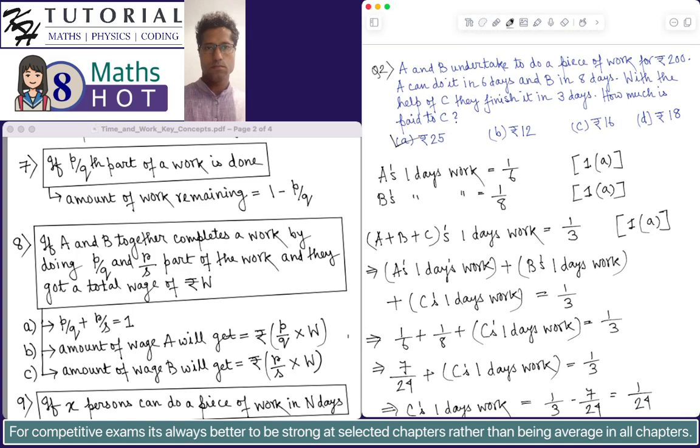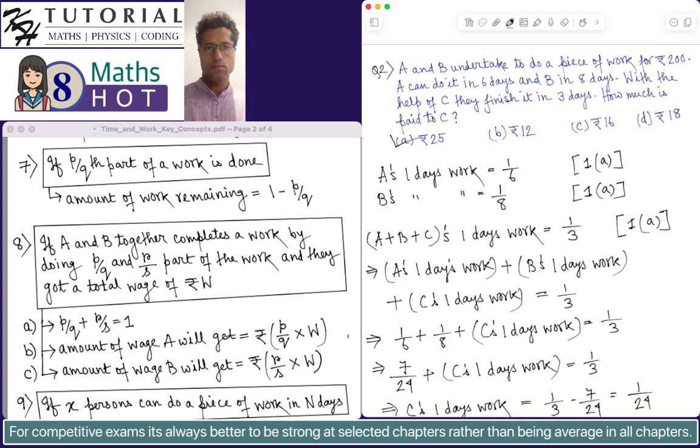So whenever it is asked how much a person will receive after completing a work based on a total payment, that person will receive a payment which will be proportional to the total work done by that person in completing the work.